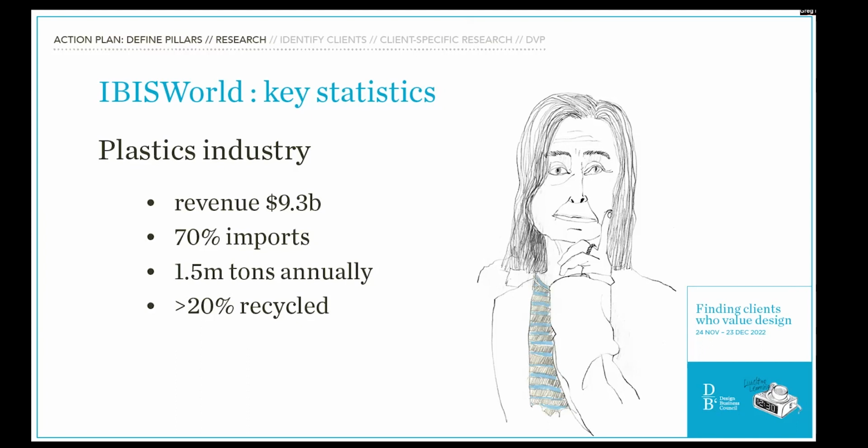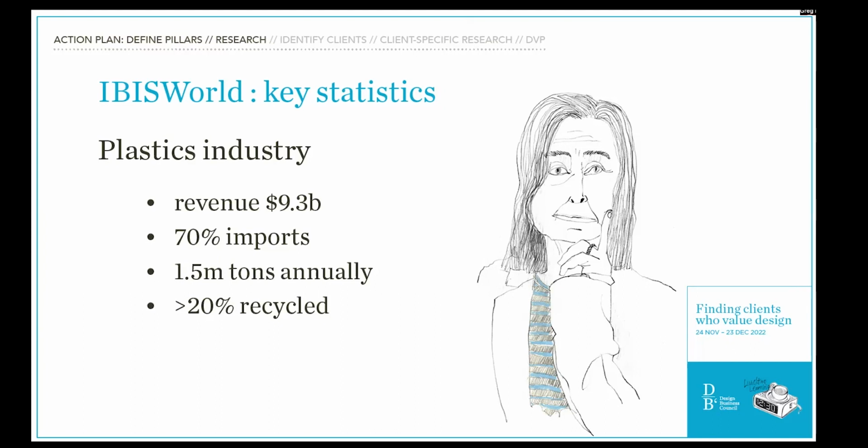Now, you might think that's a disaster if so much of that $9.3 billion is accounted for in imports. But if you delve into this and you're reading in the IBISWorld and the other research, what you find is a massive movement for import replacement.